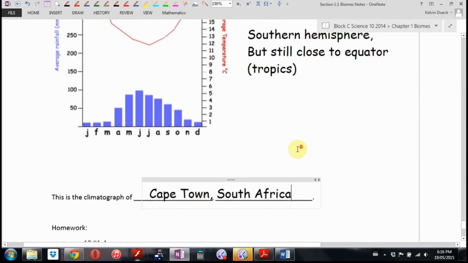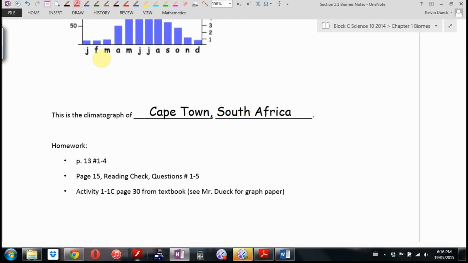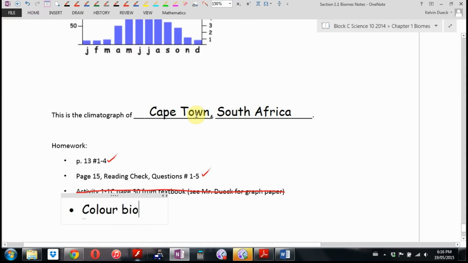Southern hemisphere. What's your homework? This, not yet. We'll do that another class. Part of your homework is going to be color biome sheet.